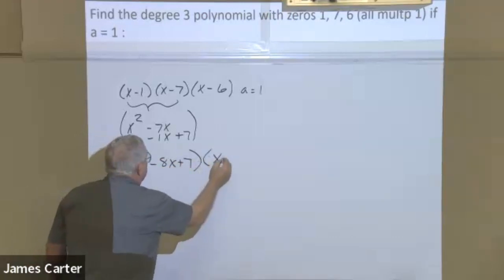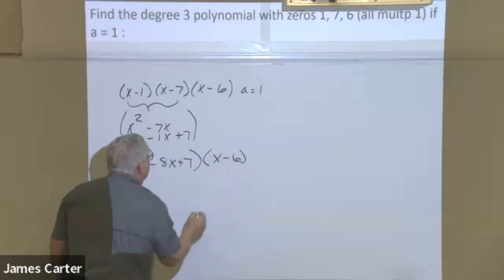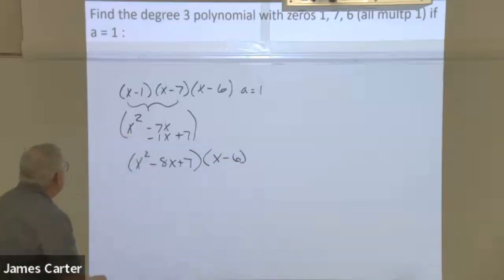We've still got this x minus 6 out here to multiply by, and there is a 1 out front for the a.